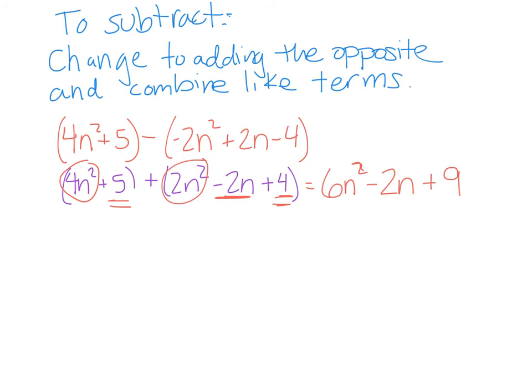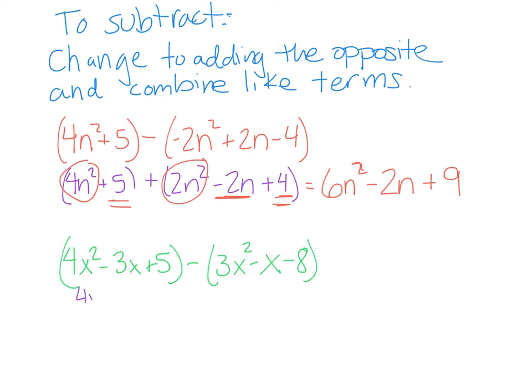This time I'll start in green. Let's take one more example. 4x squared minus 3x plus 5, and we are subtracting 3x squared minus x minus 8. First I'm going to rewrite it.